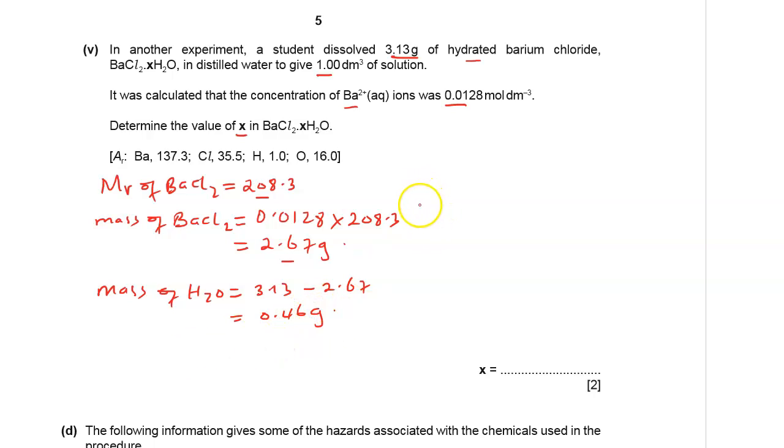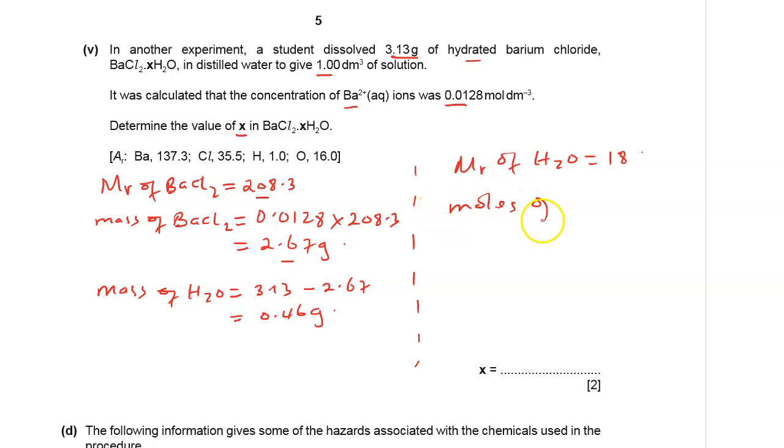And we need now to get the moles of water. You have the relative molecular mass of water, which is 18, and now mass of water is this one.